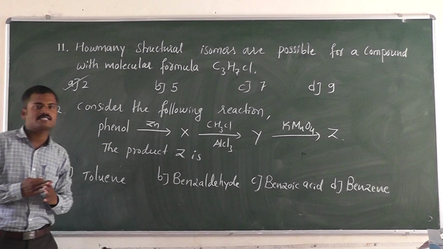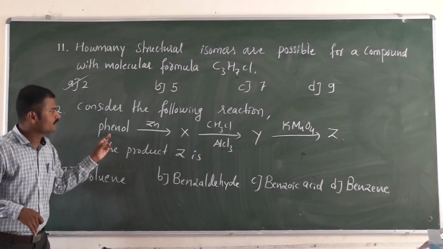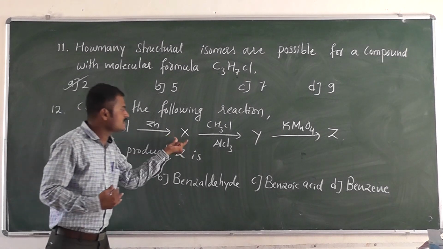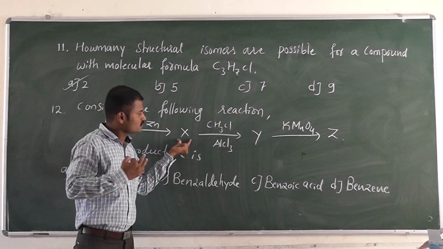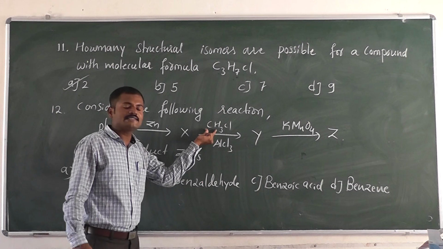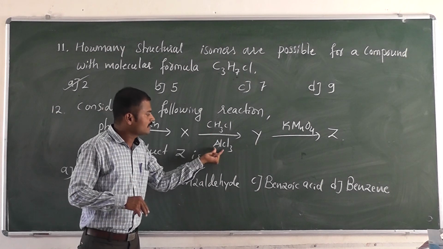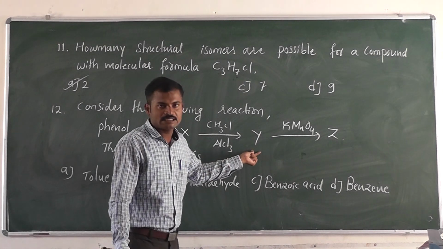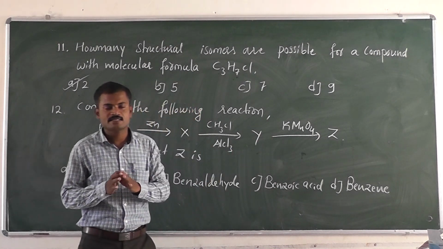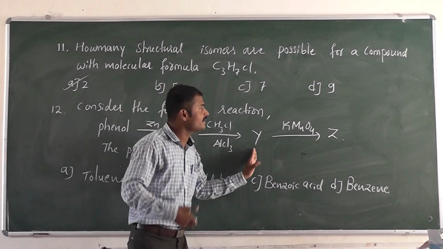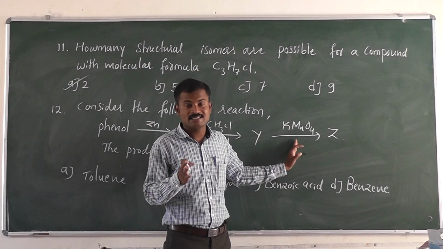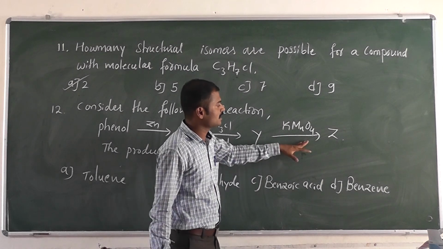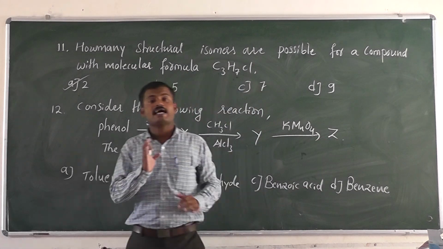Phenol reacts with zinc, forming a product X. This X reacts with methyl chloride with a catalyst, aluminium chloride, forming another product Y. This product again reacts with potassium permanganate, an oxidizing agent, which means addition of oxygen takes place here, forming the final product Z.